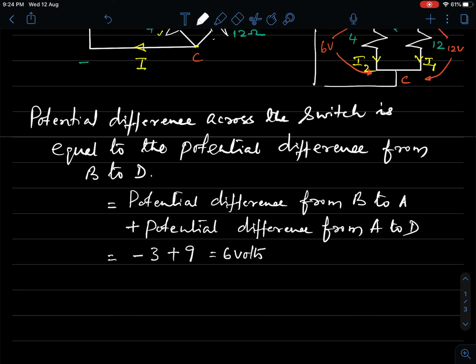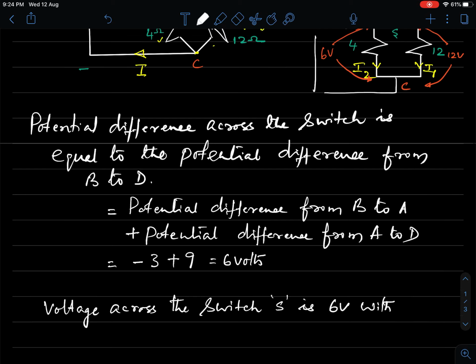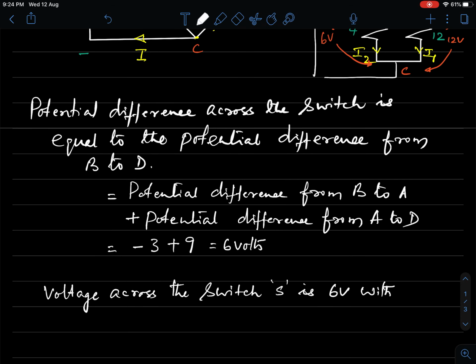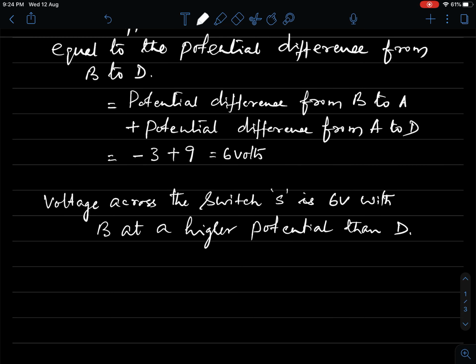So what do we write now? We write the result: the voltage across the switch is 6 volts, with B at a higher potential than D. What I mean to say is, this is my D, this is my B, so it will be like this.